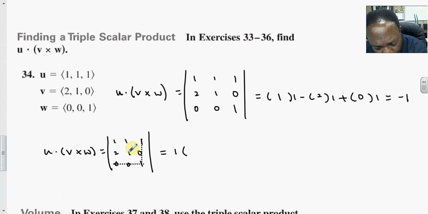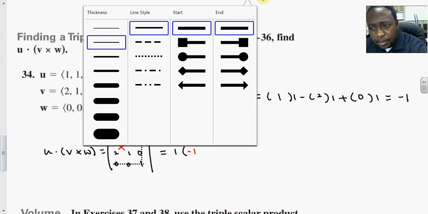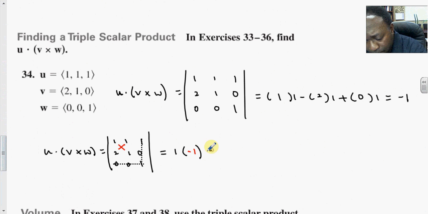Then that gives you 1 minus 2, right? So the 1 minus 2 is just negative 1. You get negative 1, what you got right there.